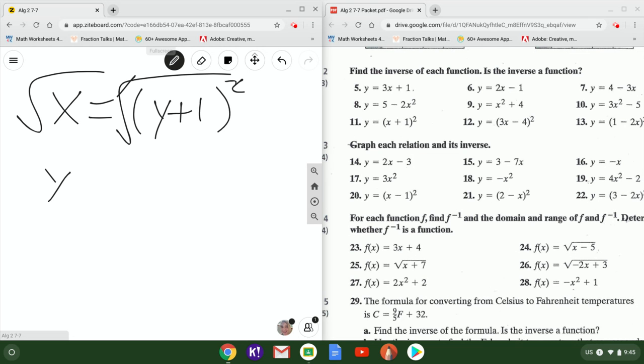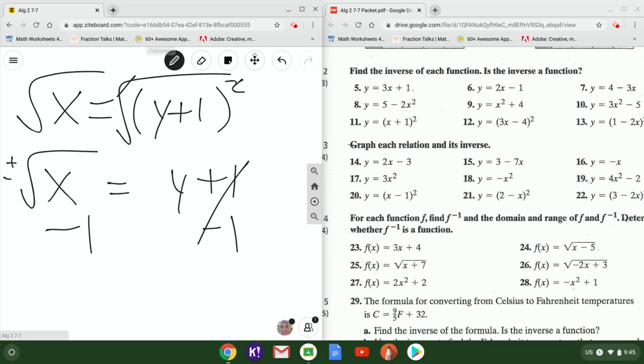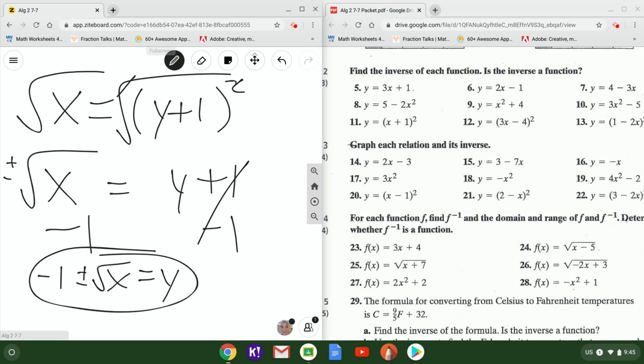So it's x, square root of x plus or minus equals y plus 1, and then you get the minus 1. I'm going to put the negative 1 in front just so it's not confusing. So it's going to be minus 1, then plus or minus square root of x equals y. And again, that is not a function.